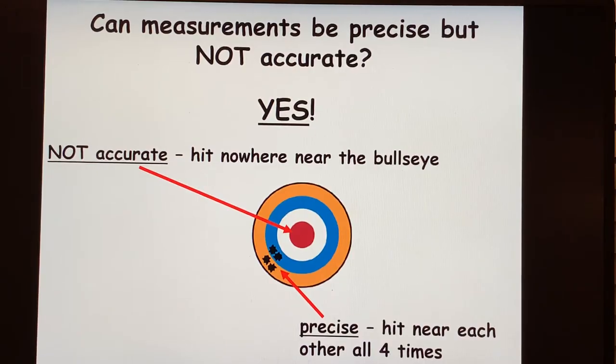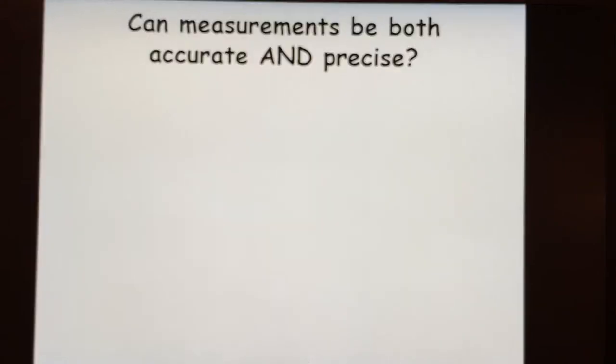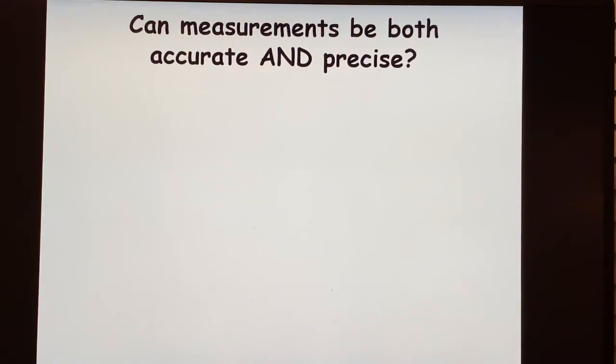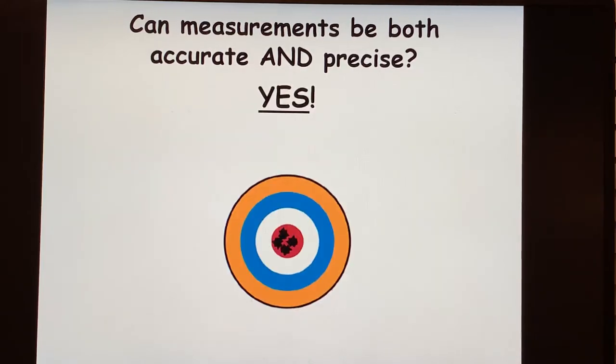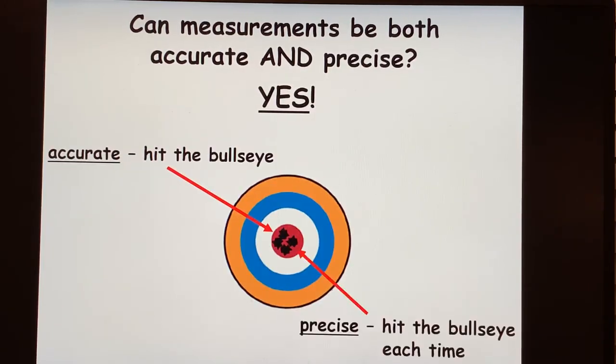Precise, hit near each other all 4 times. Okay? How about another question? Can measurements be both accurate and precise? Of course, that would be all 4 in the bullseye. Each hit the bullseye each time.